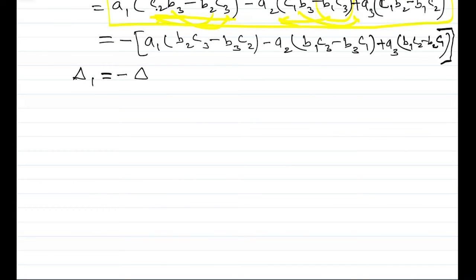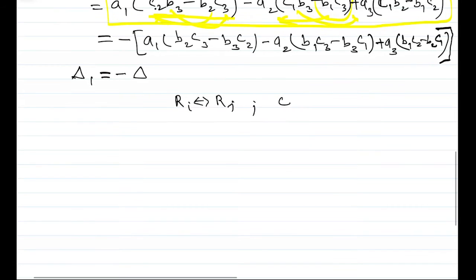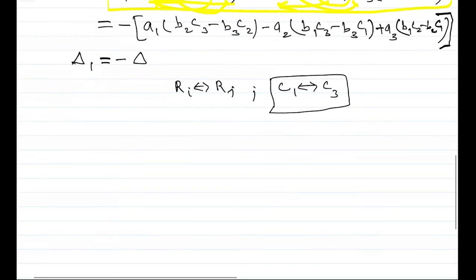If you are interchanging Ri with Rj, you will write it like this. Or if you are interchanging the first column with the third column, C1 interchanged with C3. This is the notation you will write while solving problems.